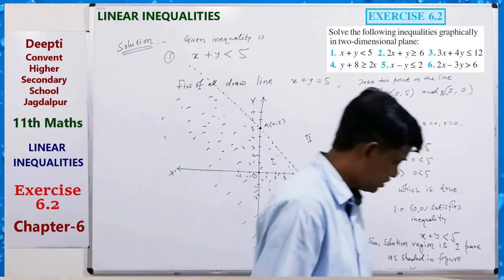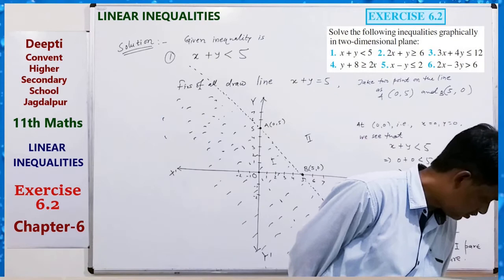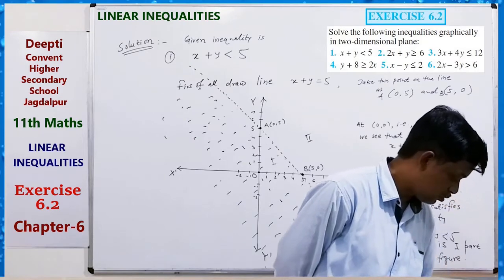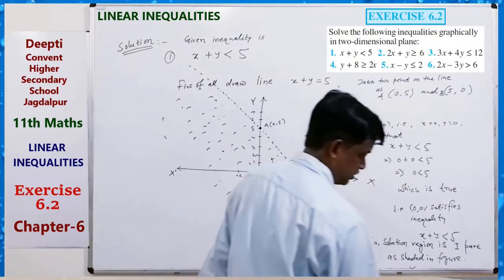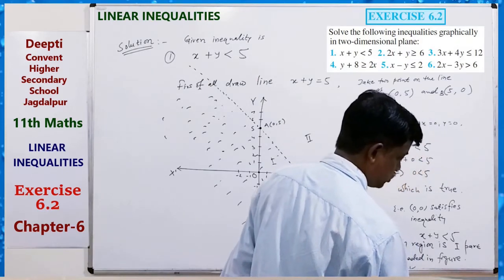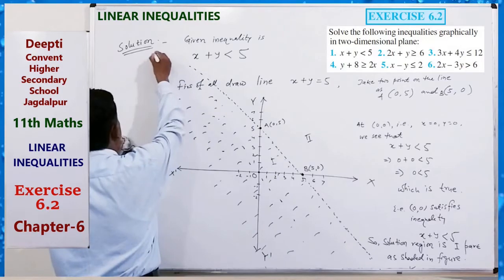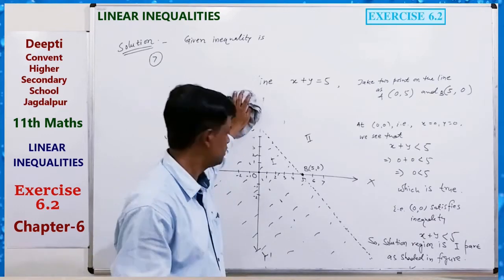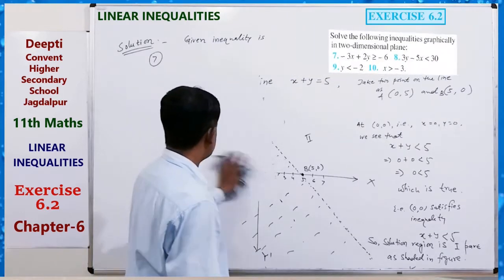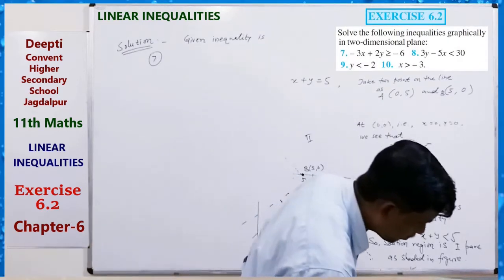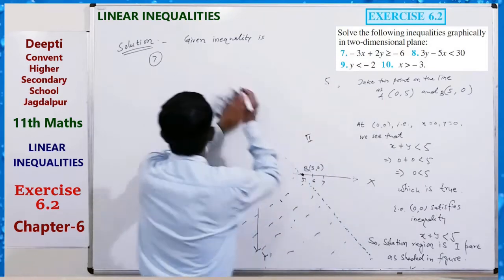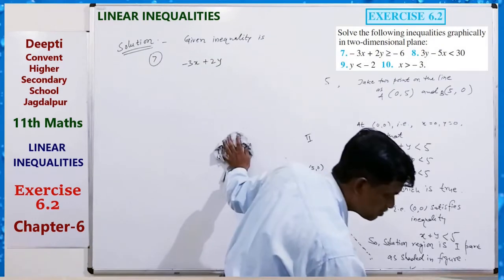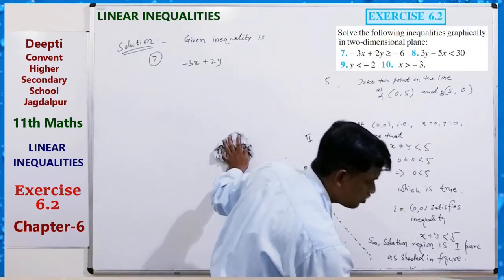Now take another question, question 7: minus 3x plus 2y is greater than or equal to minus 6.